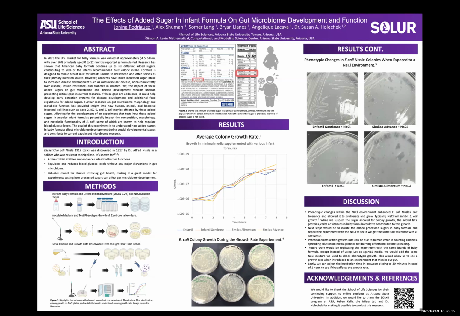Additionally, it was shown that a lot of formulas don't actually include the human milk oligosaccharides, which is found in breast milk. It's the typical natural sugar that mothers produce in their breast milk. It also varies based on diet.